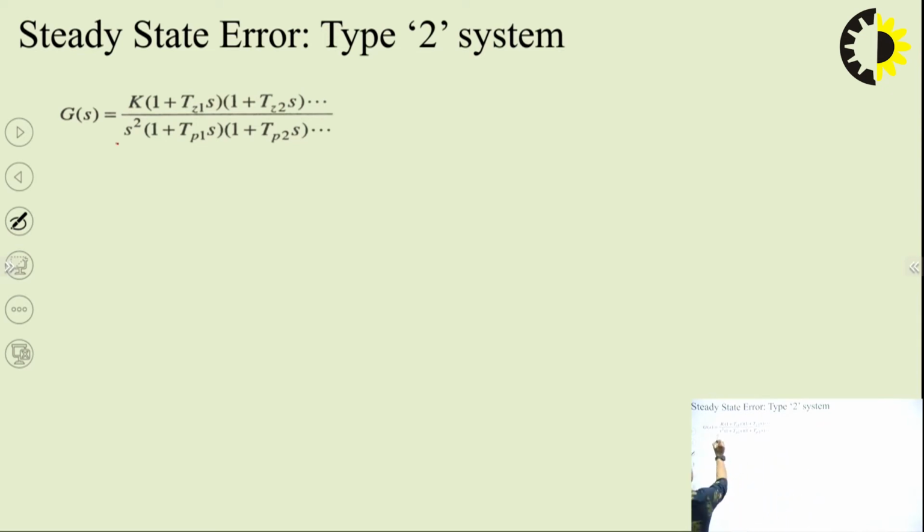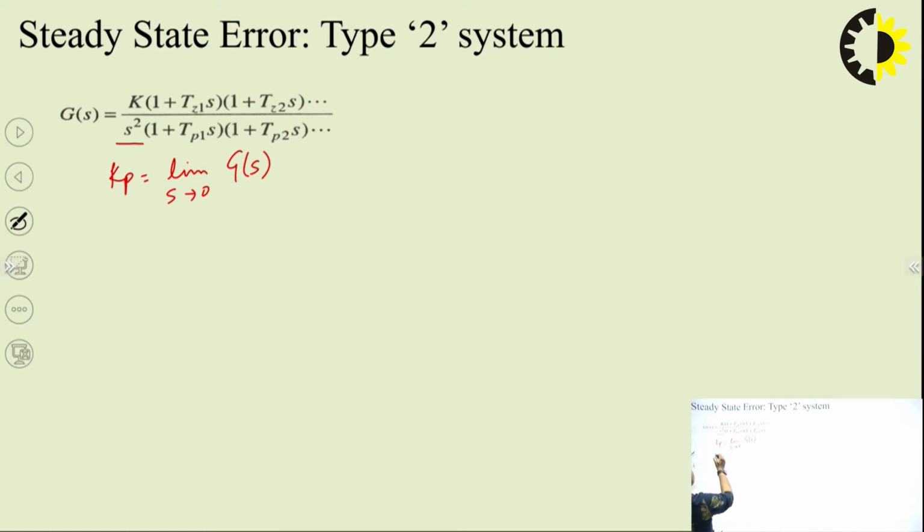See here, there are two poles at the origin, that means we are having s square. So this defines the type of the system, which is type 2. Again here I am calculating the value of Kp, Kv and Ka for the type 2 system. So what is Kp? Kp here is limit s tends to 0 of G(s).